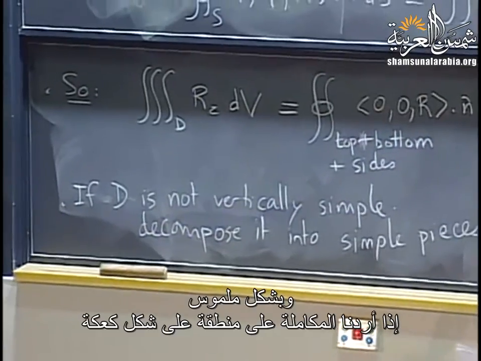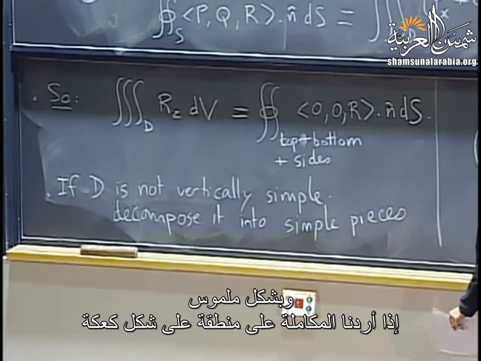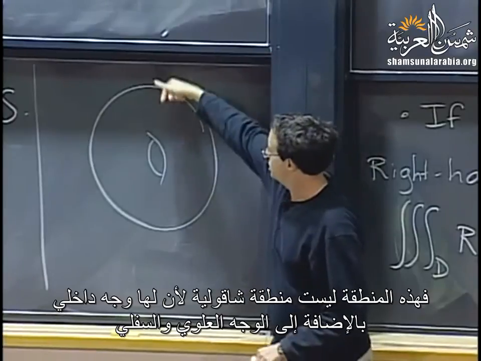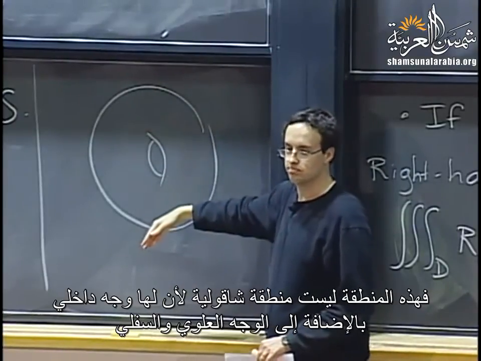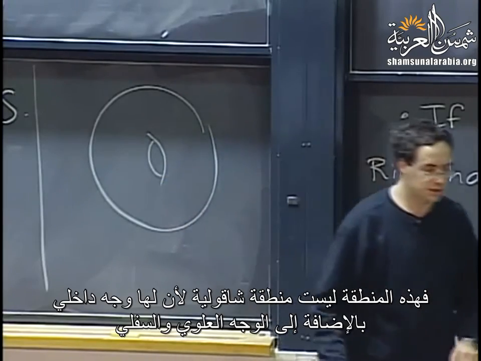Okay, so concretely, say that I wanted to integrate over a solid donut, then that's not vertically simple because here in the middle I have, not only this top and this bottom, but I have like this middle face.